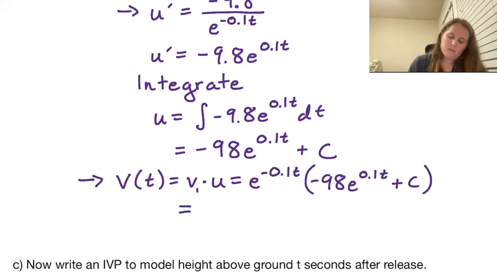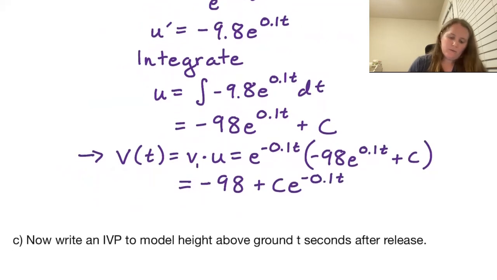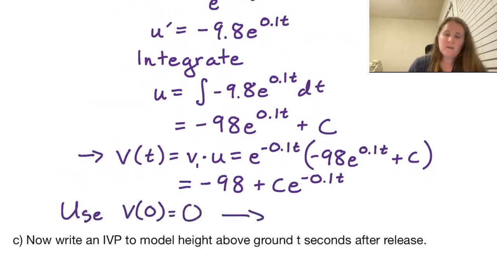This becomes negative 98 plus c e to the negative 0.1 t. If we then use the fact that V of 0 equals 0, this means that c has to equal 98.